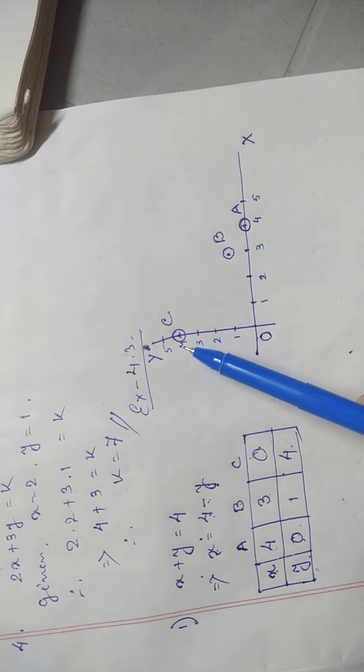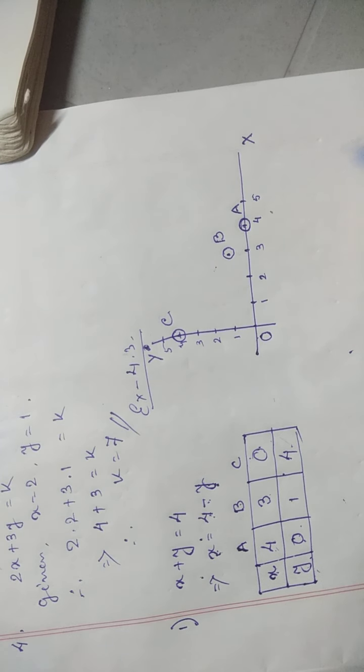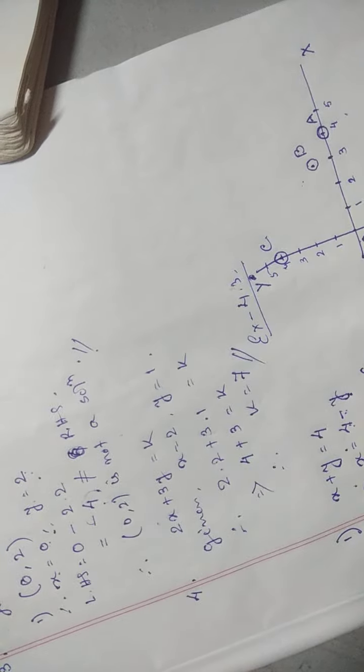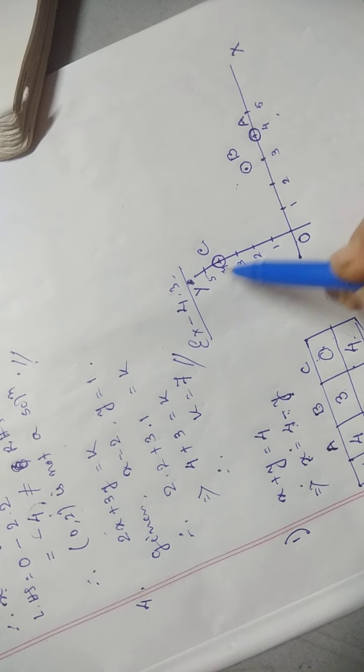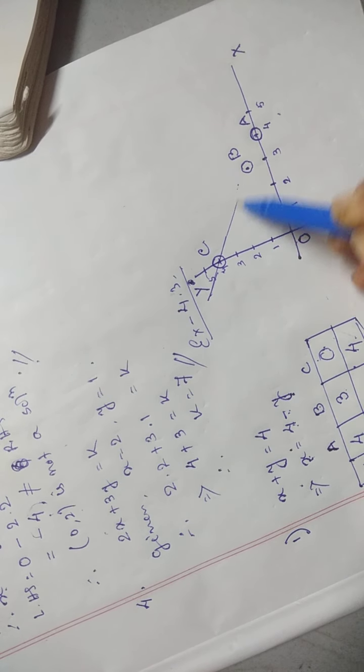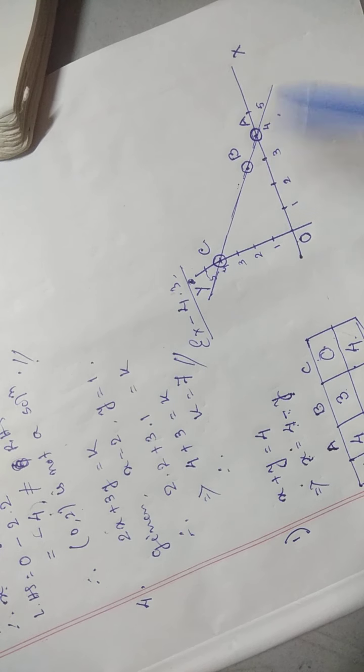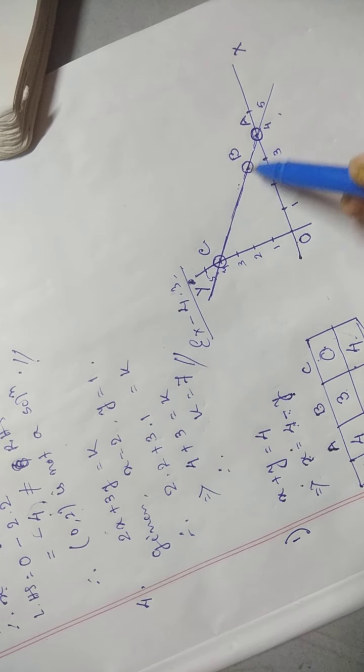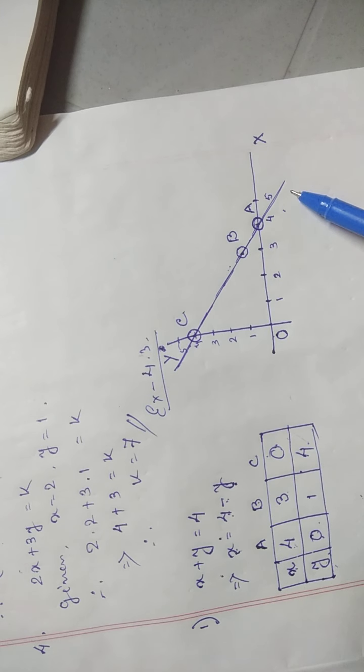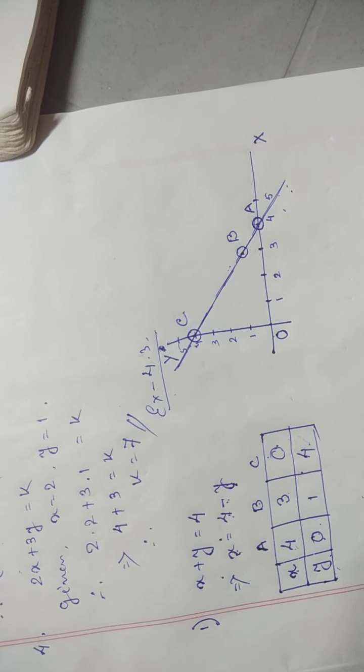So, after putting the coordinates, what do you have to do? You have to join all the points. Then after joining all the points, what you have to see is that you find a straight line. And remember, always when you draw a linear equation on graph paper, you always find that it is a straight line.